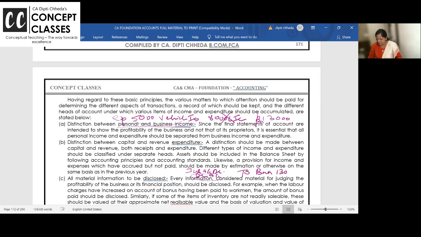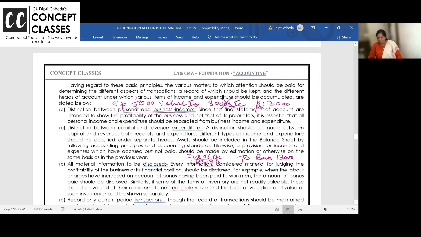To bank, 13,000. I hope all of you are getting. So it's very galti se, ma'am.